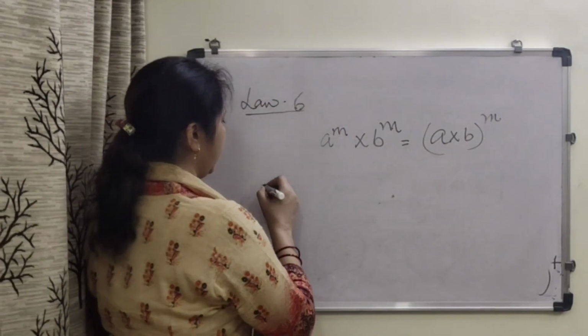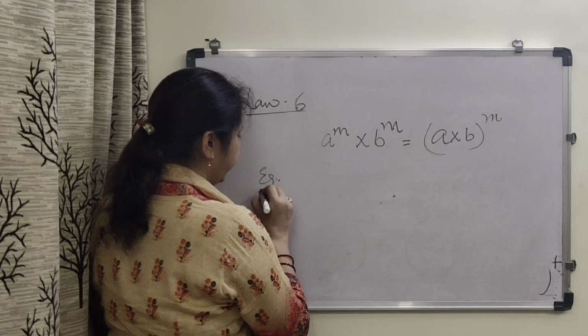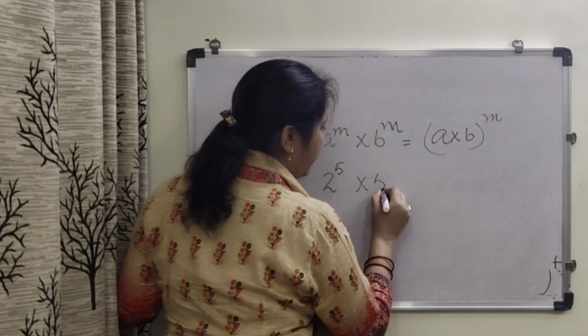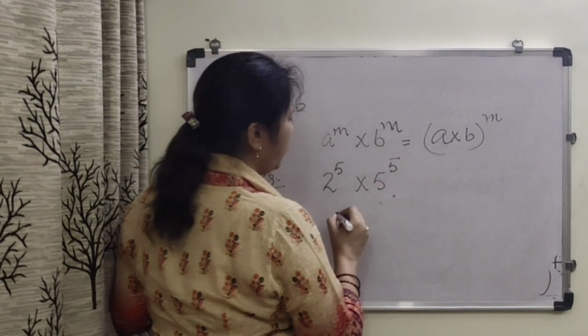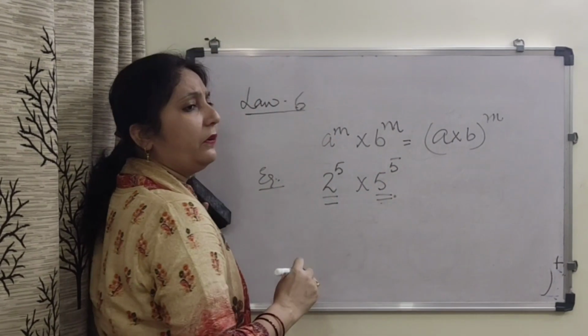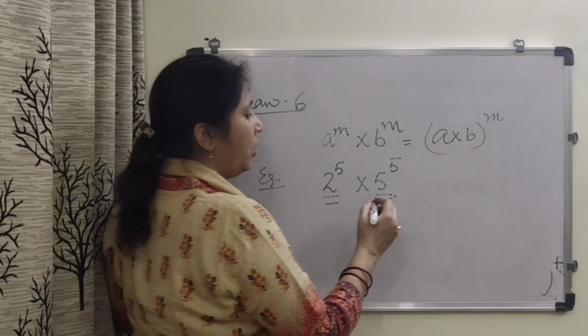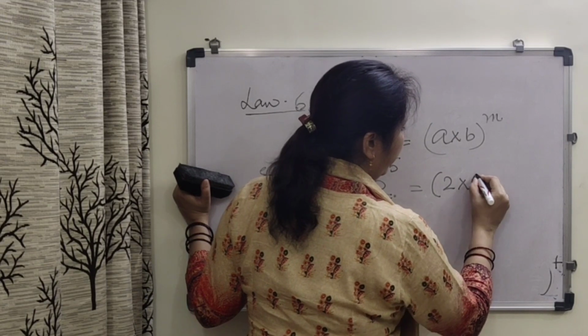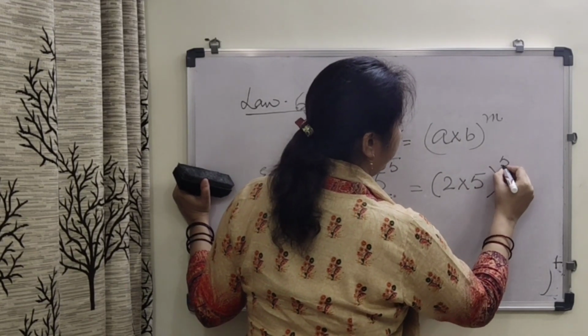For example, 2 to the power 5 into 5 to the power 5. Now, you can easily see we have different bases but exponents are same. So, what we do in a bracket, we write the bases and just exponent once.